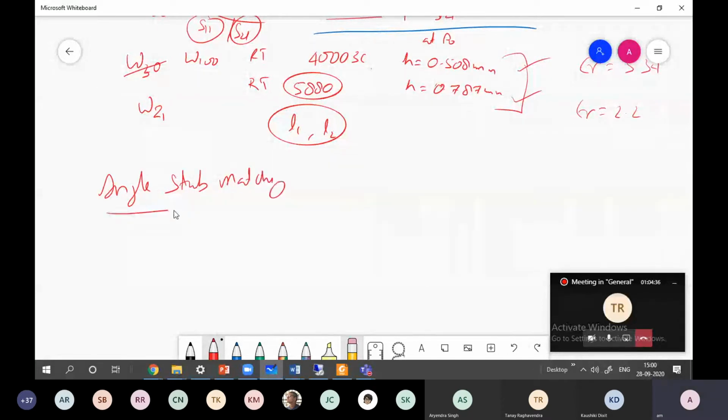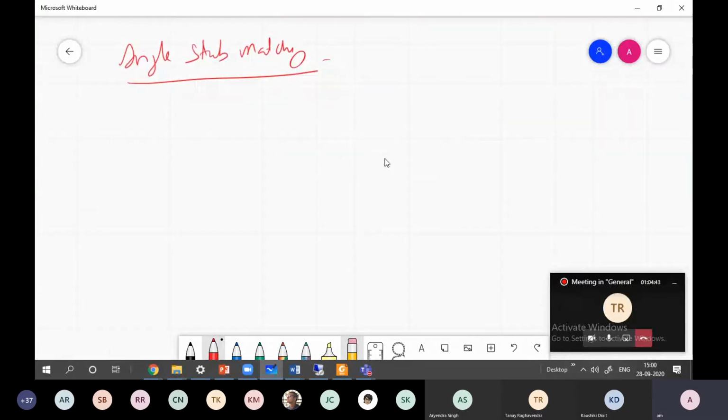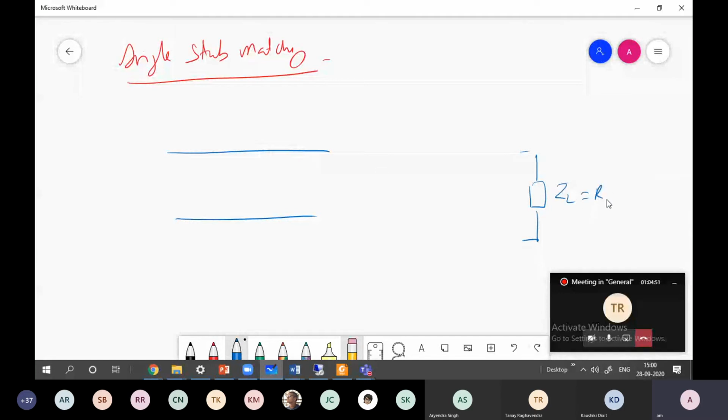So in single step matching, as I told you, let us say this is your transmission line, and instead of the simple resistive load, we will have a complex load, RL plus JXL, and here the transmission line is Z0.